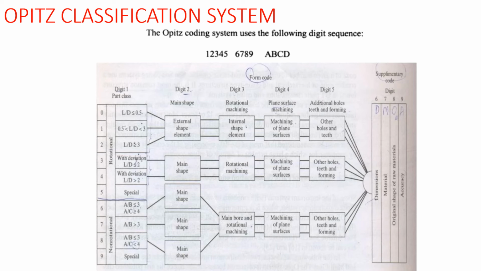In digit 4, plane surface machining is done, machining of plane surfaces. And digit 5 represents additional holes, teeth, and formings. In supplementary code 6789, 6 represents dimension, 7 is material, 8 is the original shape of the raw material, and 9 is accuracy.